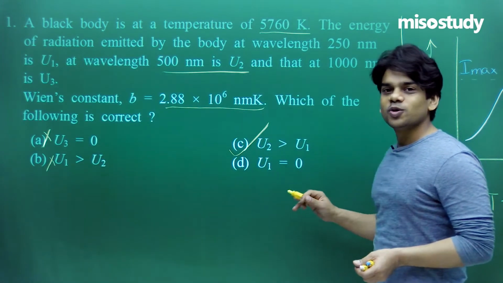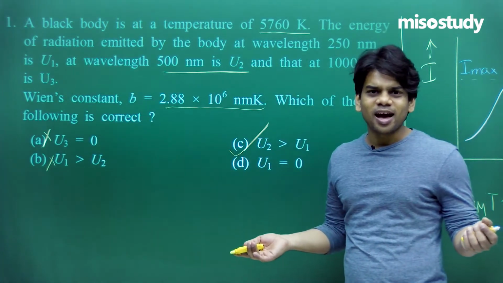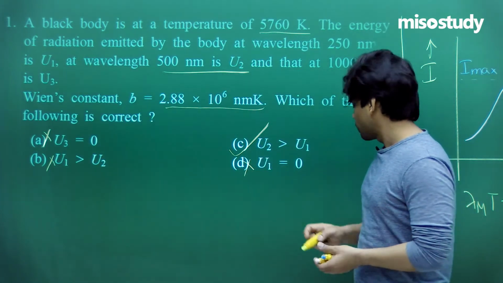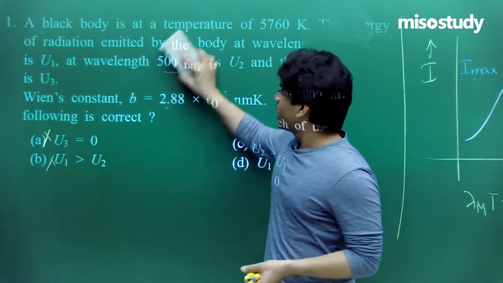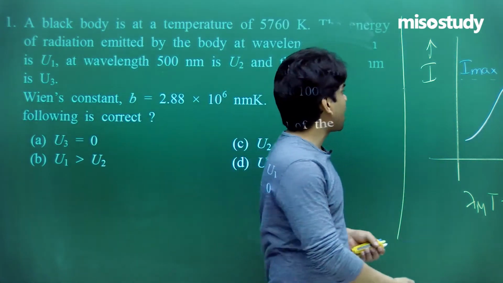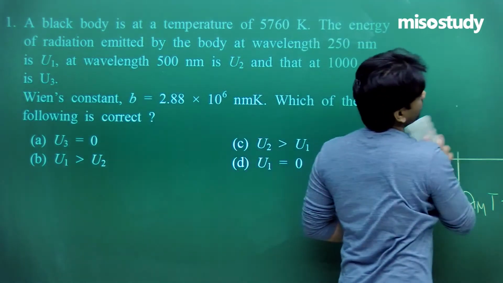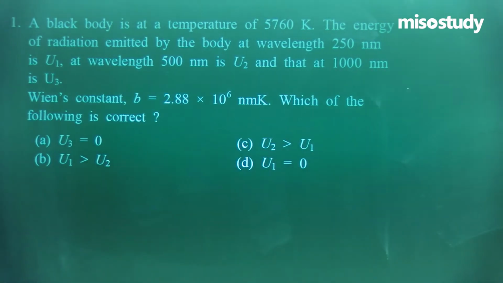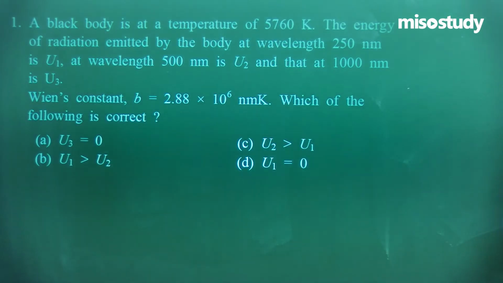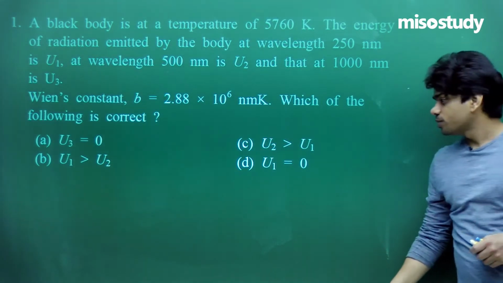D, U1 is equal to 0. At each lambda, we will be having some energy emitted. This will also be incorrect. So using Wien's displacement law, we have identified for which value of lambda we get the maximum intensity, and then we can directly connect that with energy.